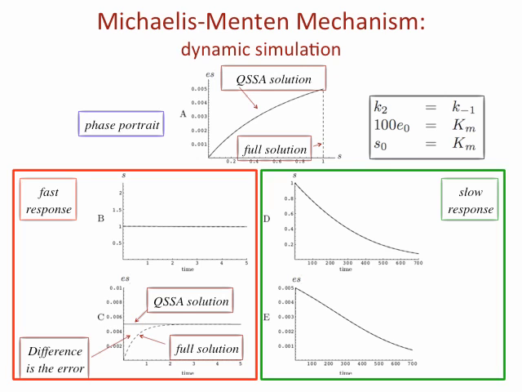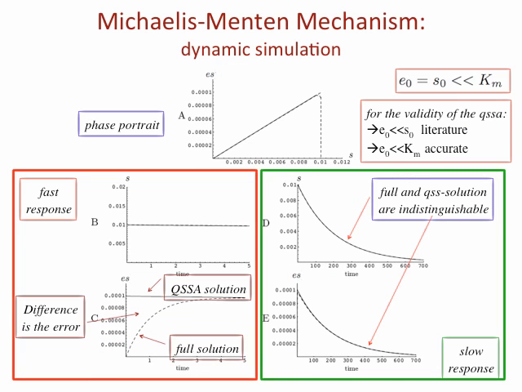In panel E, you will see a dashed curve climbing very rapidly along the y-axis, and that rapid rise happens over the first time unit that is blown up in panel C. So these graphs show the dynamics of the Michaelis-Menten reaction mechanism, the full form of it and the simplified form of it. And in this particular case, for the numerical values chosen, the two are indistinguishable on this slower time scale, which we are mostly interested in.